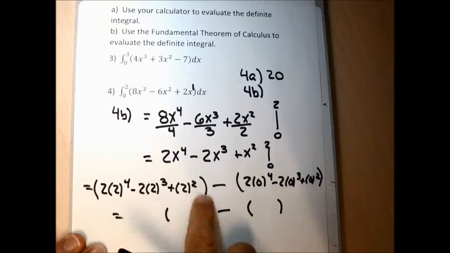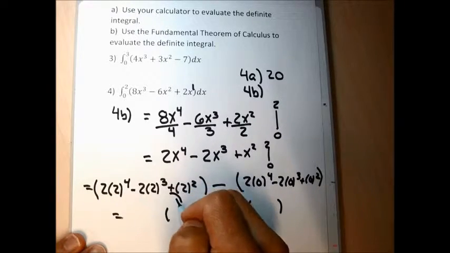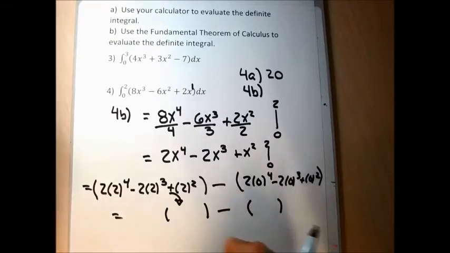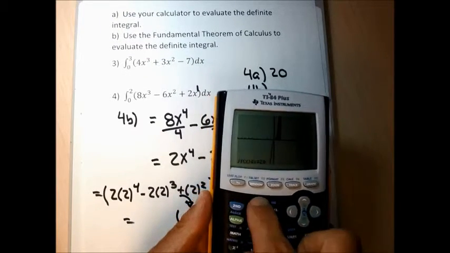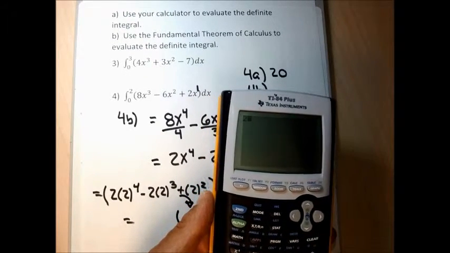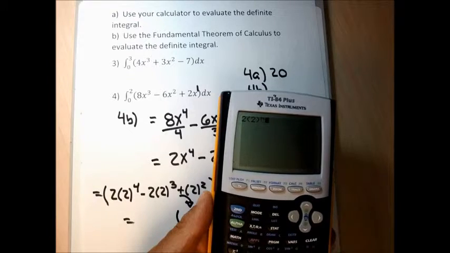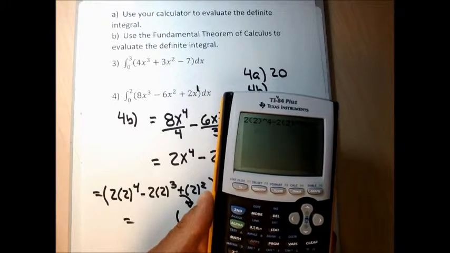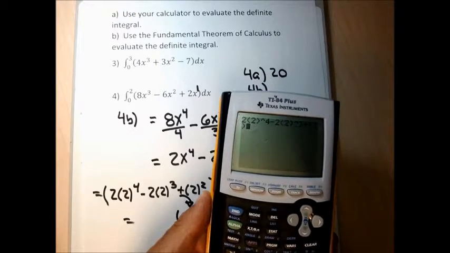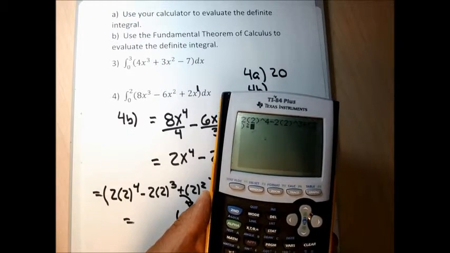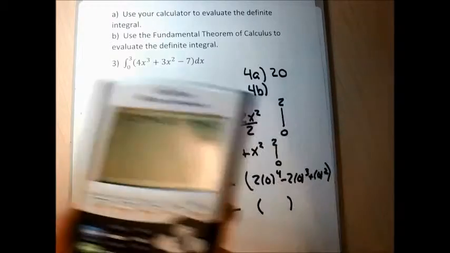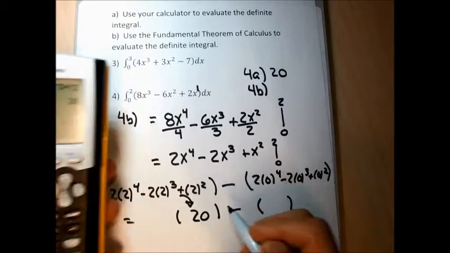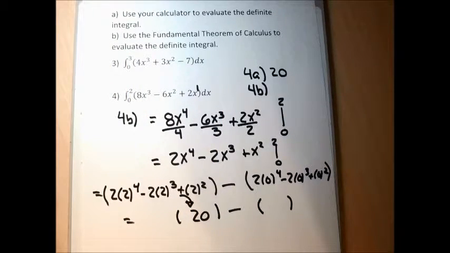If I want to get this parenthesis down to a single number using my calculator, that's okay, and I'm going to do that. For the first parenthesis, I go back to the main screen: 2 parentheses 2 up arrow 4 minus 2 parentheses 2 up arrow 3 plus 2 squared. Hopefully I did that right. I get 20. The nice thing is I'll be able to tell if I make a mistake if I don't get the same answer.